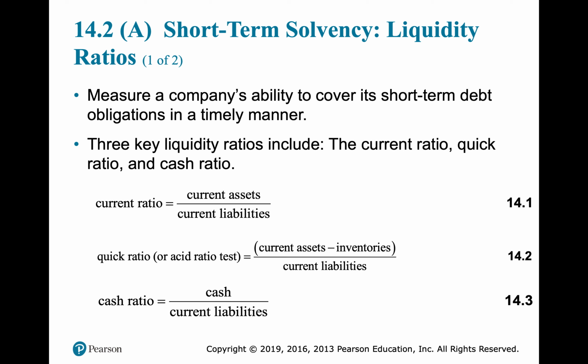Then we take a step down, and there's the quick ratio, or acid ratio test. What that does is take all current assets minus inventories, so the inventories don't have to be sold, and we see how quickly we could satisfy our debts in that manner. Then there's the last one, the cash ratio. Let's say I want to know how quickly a company could satisfy its debts using only the cash it has on hand.